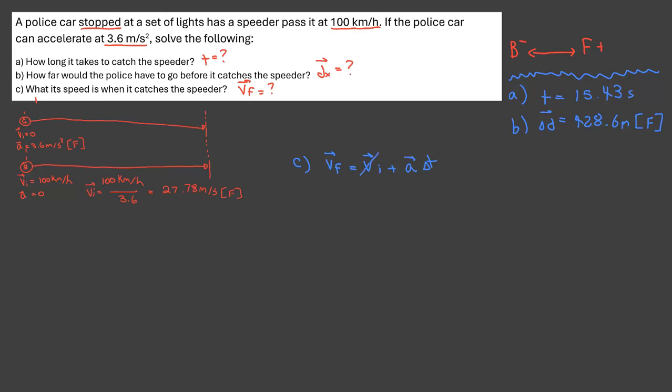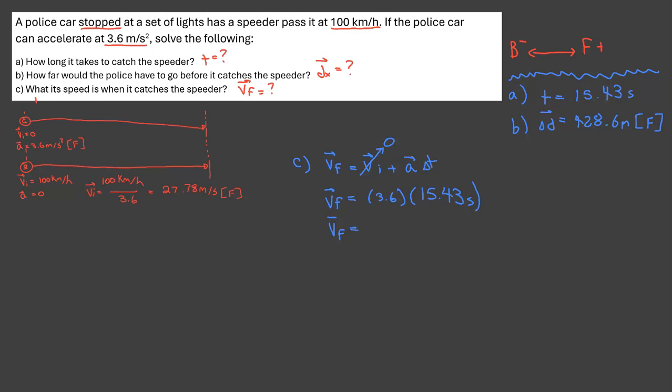Okay? Like we said before, our initial velocity is 0, so I'll just be left with final velocity equals our acceleration, which is positive 3.6, times our time, which is 15.43 seconds.